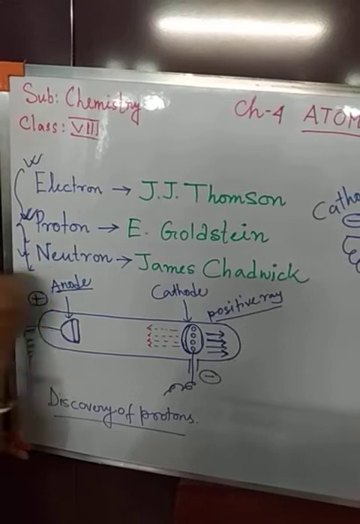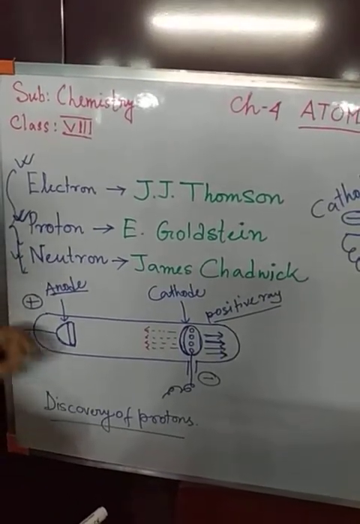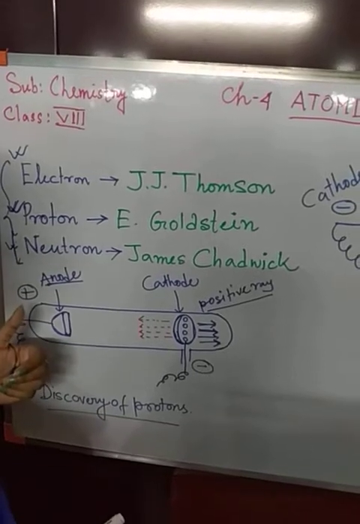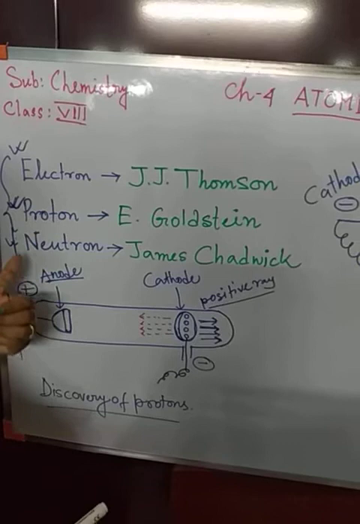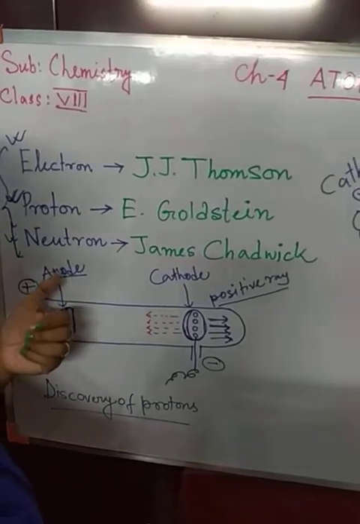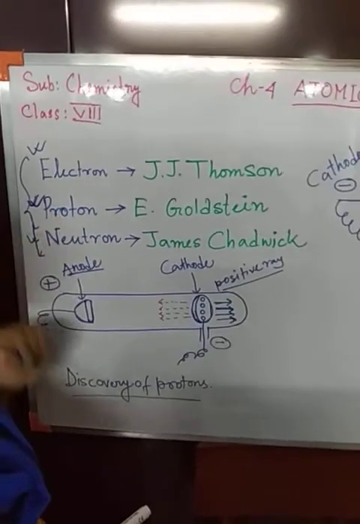When scientists looked at the mass of the atom, they found that it's not matching with the total mass of the protons present in the atom. That means the mass of an atom is a bit more than the total mass of the protons.